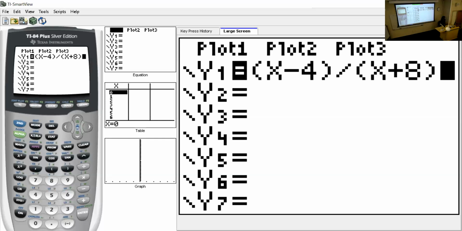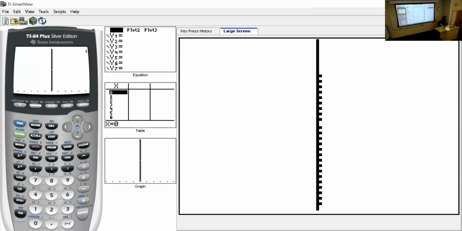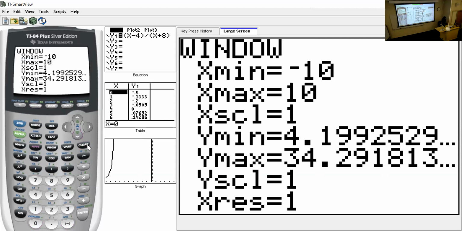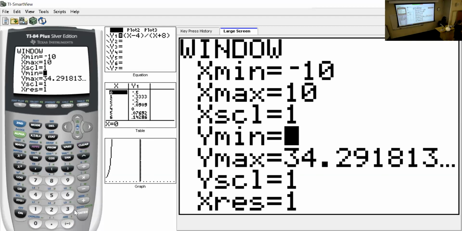Not yet. Okay, I'm going to graph it. I see nothing. It is because of the window. Make sure you set proper x and y values. So I'm going to go from -10 to 10, then -5 to +5.